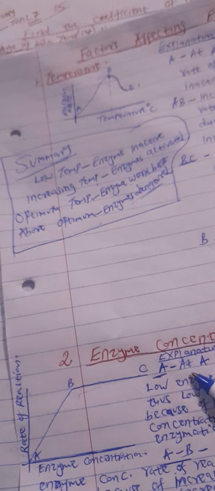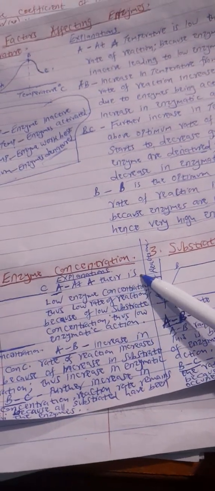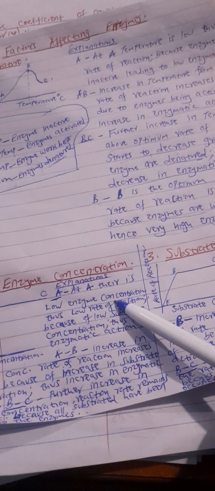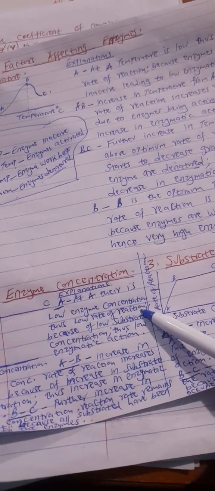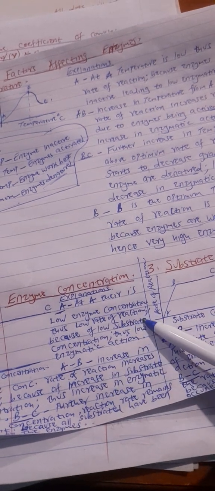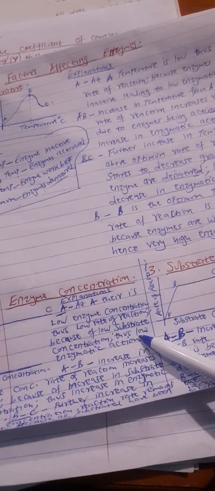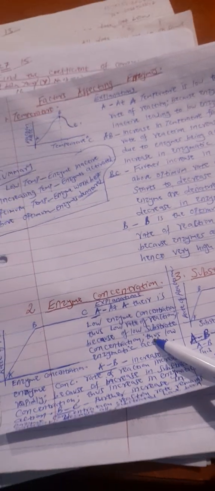Let's read. So we are speaking about A. What happens at A? There is low enzyme concentration, that's a low rate of reaction, because of low substrate concentration, that's low enzymatic action. That is what I've said, right?